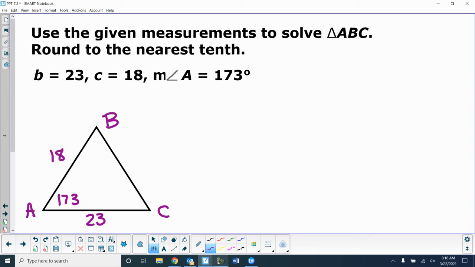That's the right numbers. Since they gave you this angle, we're going to use the one at A there.